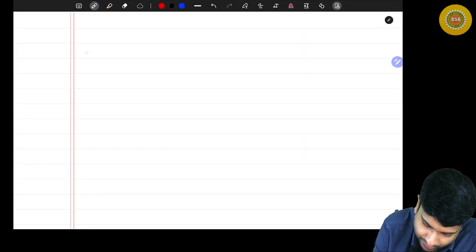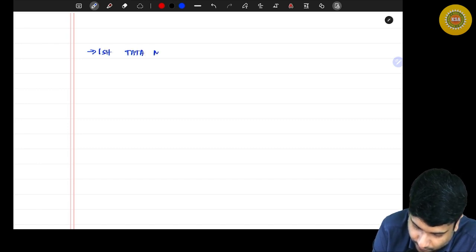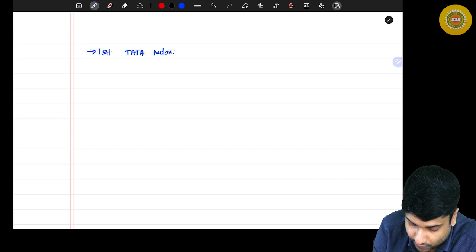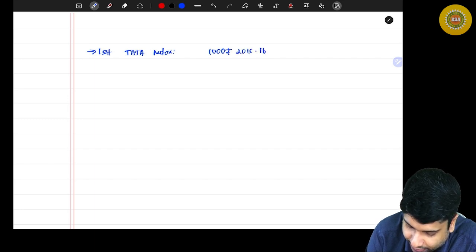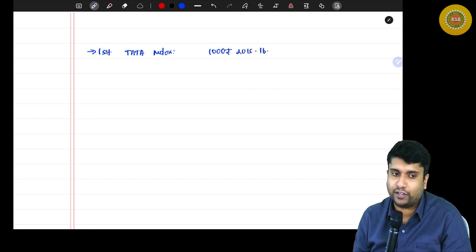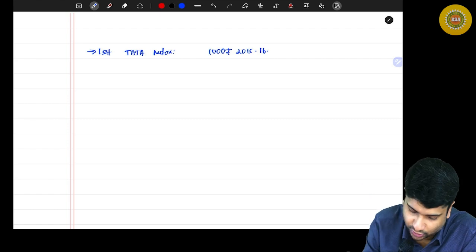Listen. Say, I purchased one share of Tata Motors for 1,000 rupees in 2015-16. In 15-16, I bought one share of Tata Motors for what value? 1,000 rupees.